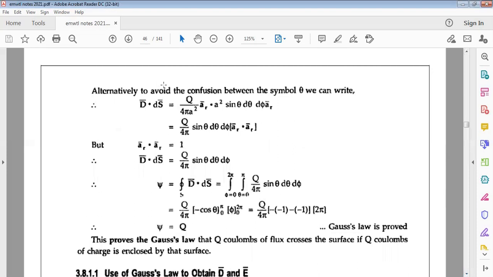Alternately, to avoid confusion between the symbols of theta, we can write D bar dot dS bar is equal to Q by 4 pi A square AR bar dot A square sin theta d theta d phi AR bar.